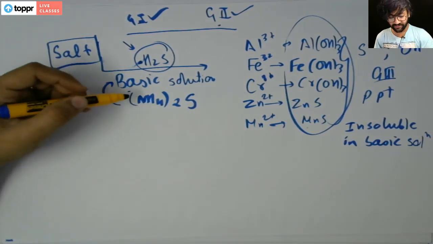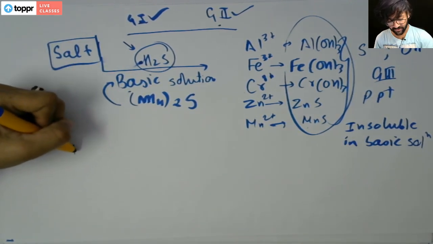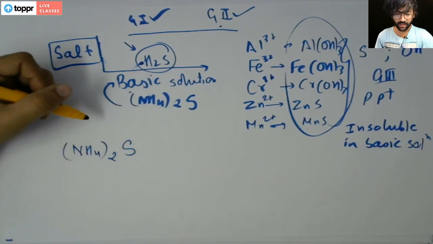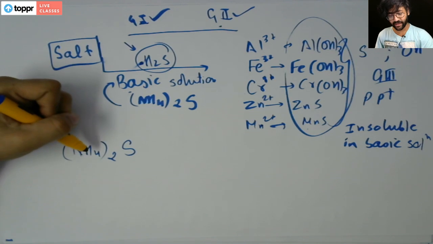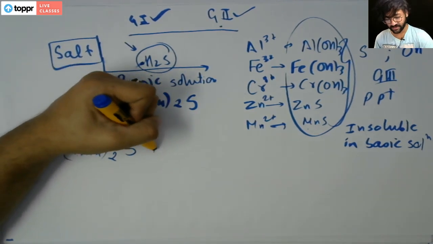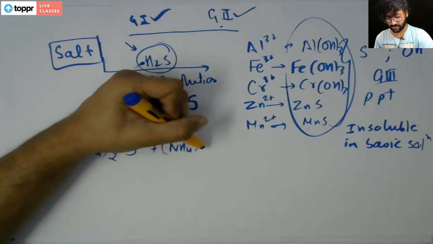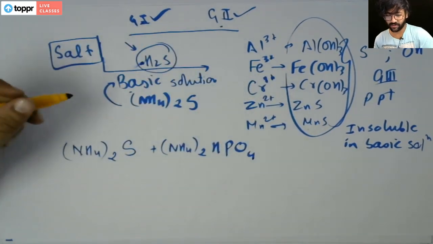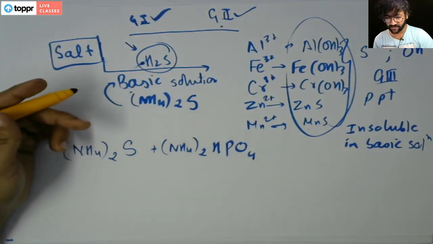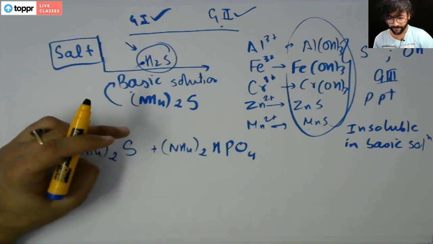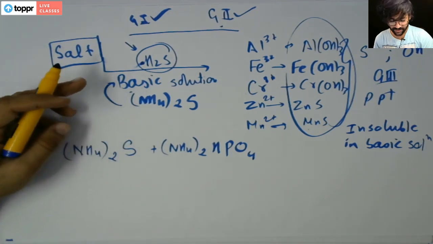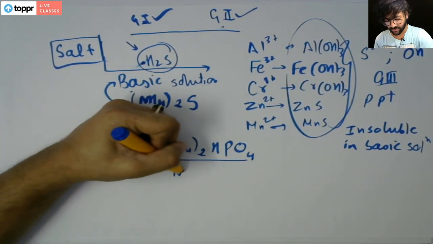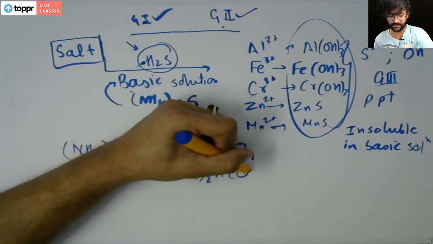In the solution that we already have, a basic solution of ammonium sulfide, we add a phosphate salt. We can also create a carbonate solution. We just need to create a basic solution, so instead of this we can put a carbonate here. That will also work as a charm.